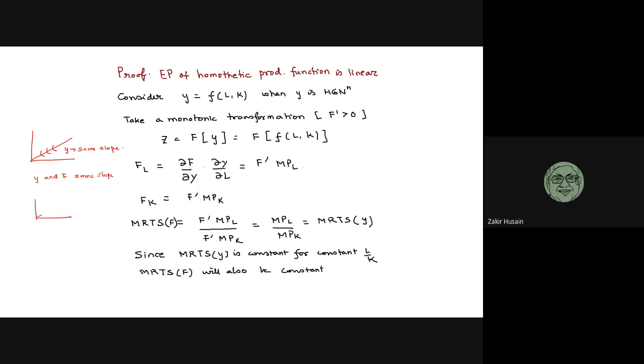So that means here we have taken F. F will also have the same slope. The slope is unchanged. As we move up like this, we are simply increasing labor and capital in the same proportion. The MRTS or slope of the transform production function is going to remain the same.